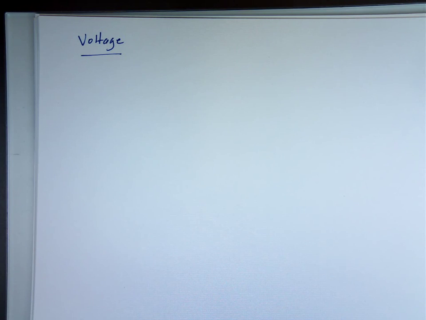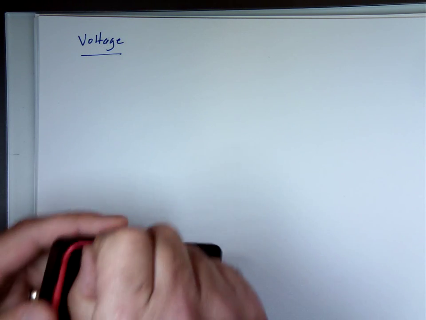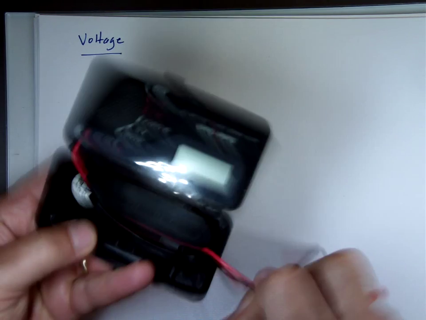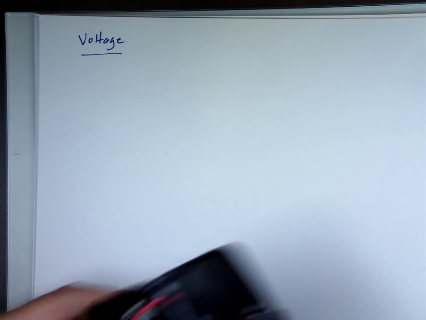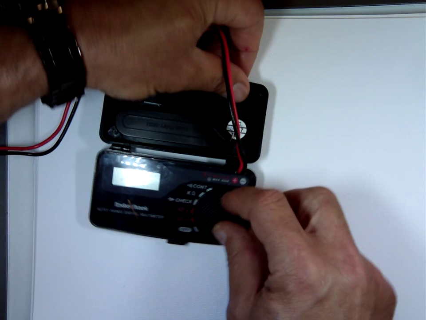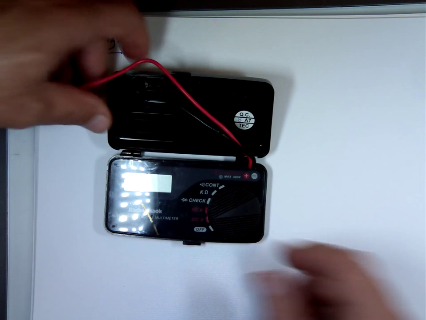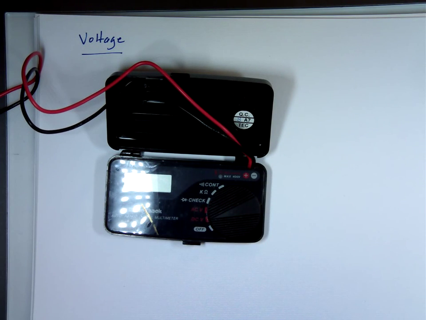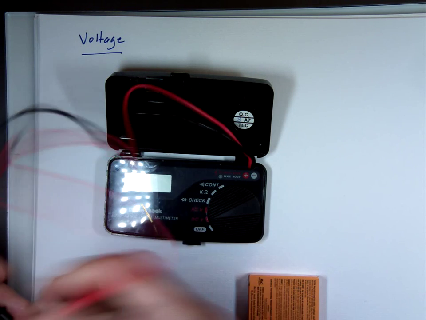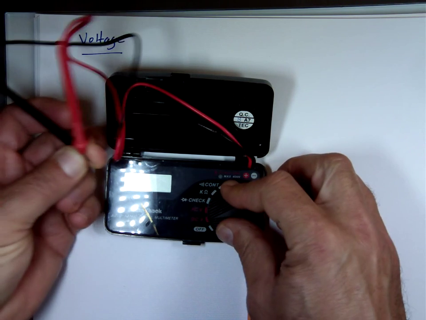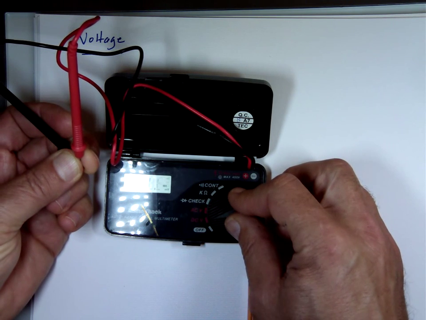Where'd you go? Where'd I put you? There we go. Hopefully this is still working. The battery is good in it. This is actually a meter that I can measure the voltage and the current. If it's still charged, we'll know in a second. Oh, I hear some noise. Come on. Something loose there.